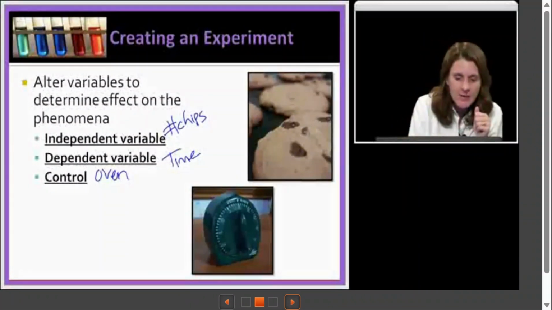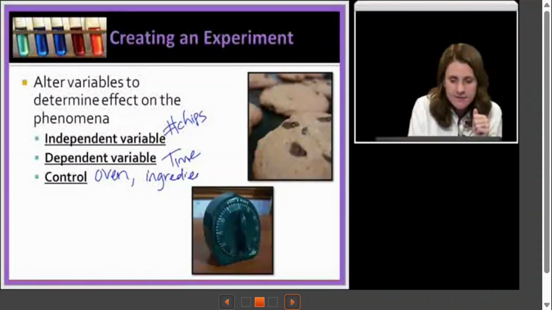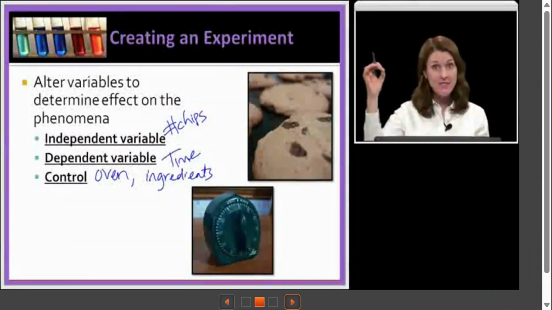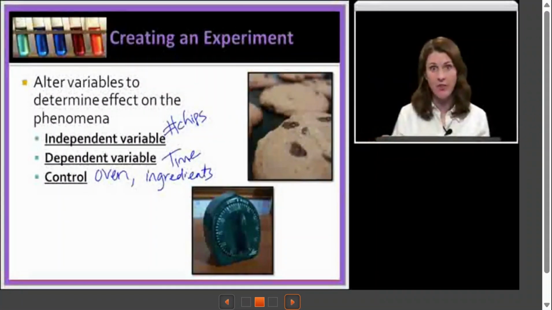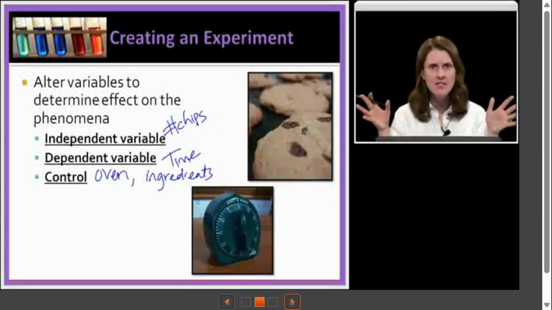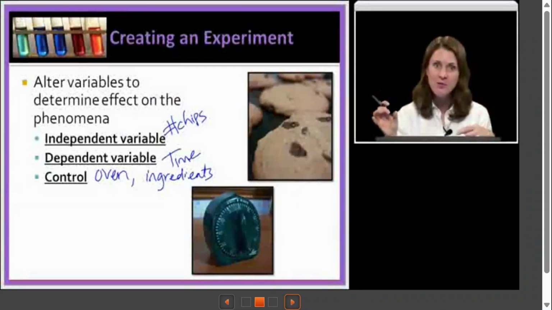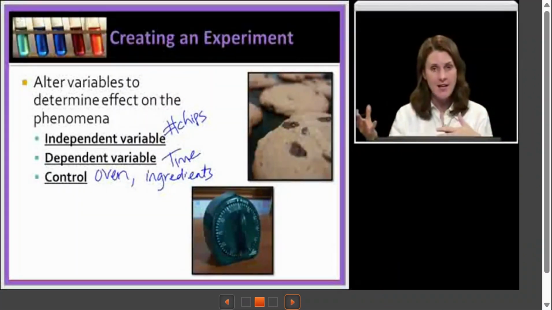We would also want to keep constant all our other ingredients. Because again, we're only dealing with our chocolate chips as our ingredient and the effect on the baking time. We can't be messing around with the number of eggs or the baking soda or the flour or whatever. Everything else needs to be kept constant so that you know in the end the number of chocolate chips was what affected the baking time. Okay, that's the idea with controls.